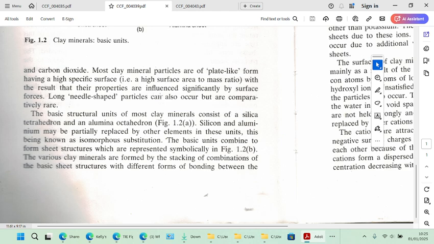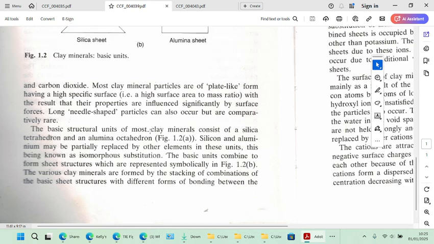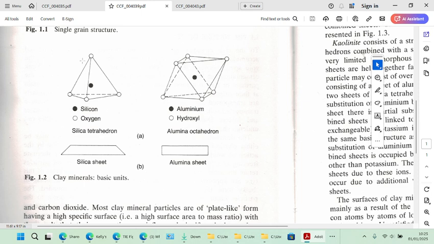Long needle-shaped particles can also occur but are comparatively rare. The basic structural units of most clay minerals consist of a silica tetrahedron and an alumina octahedron, figure 2.1. So that's there.